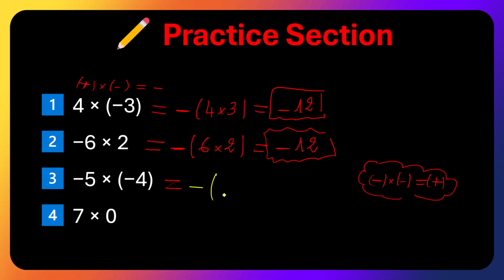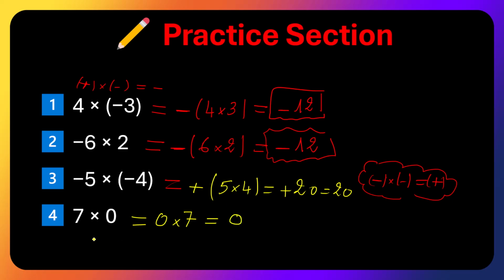I'm sorry, it's plus. So 5 multiplied by 4 equals plus 20, and that gives 20. The last one is 7 multiplied by 0. 7 multiplied by 0 equals 0 multiplied by 7, and that gives 0.